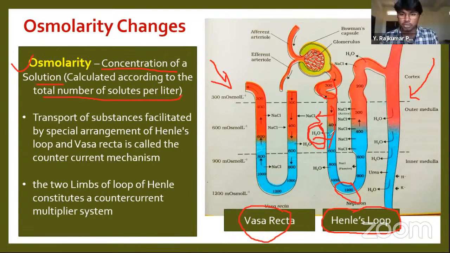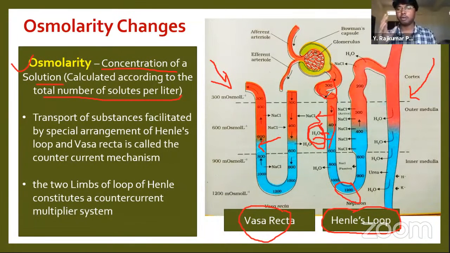So the water coming out of the tubule is getting into the blood vessel. Water is reabsorbed from the renal tubule and enters the vasa recta.